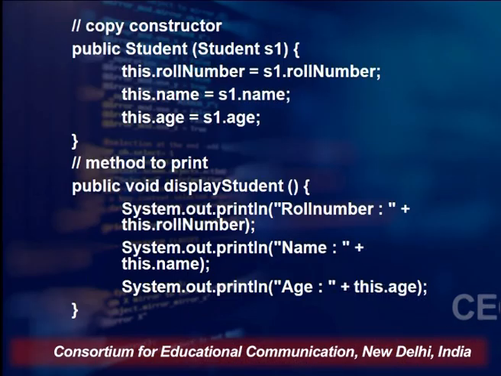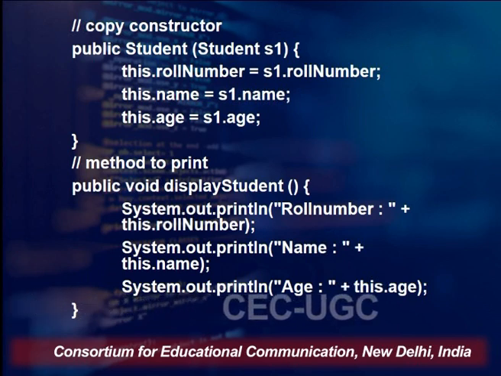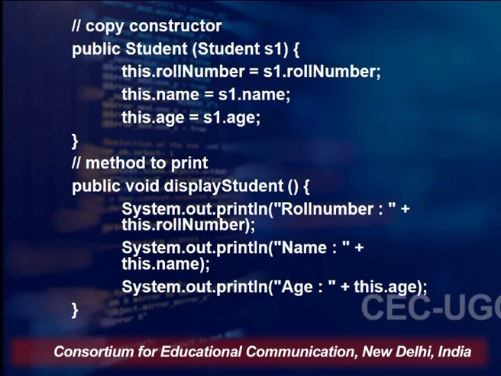In order to make a copy constructor, we will be passing an object of the class. So, for example, the object of the class is S1. Here we have written public Student.